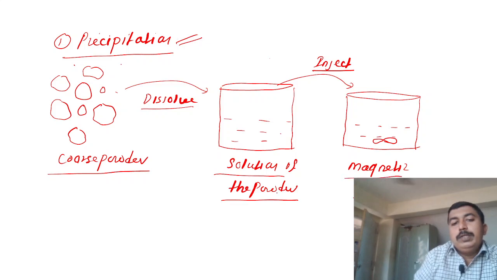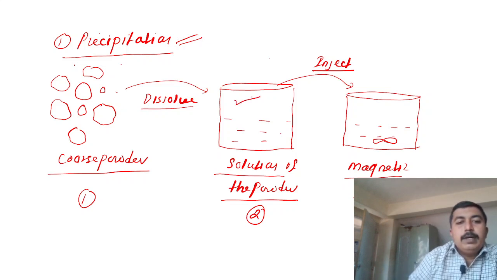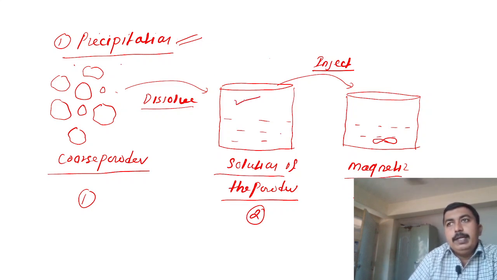The solution which I had prepared in step number 2. In the first step, I have coarse powder particles. In the second step, I have prepared the solution by dissolving it in a suitable solvent where the powder is completely soluble.